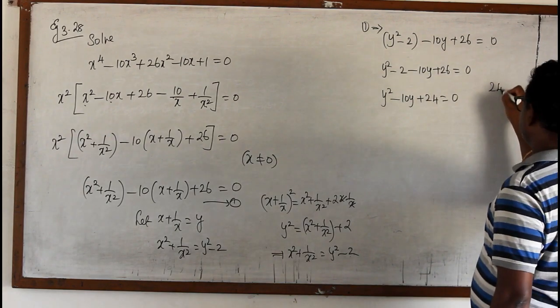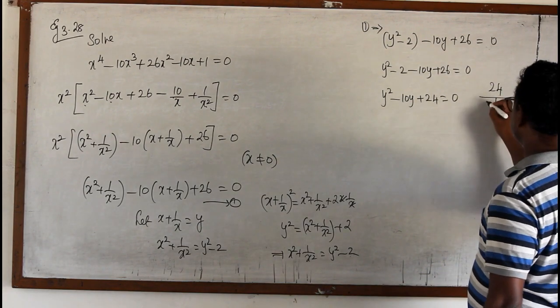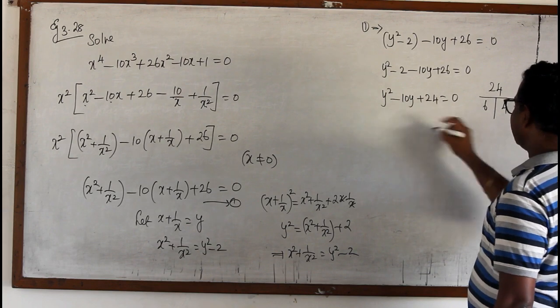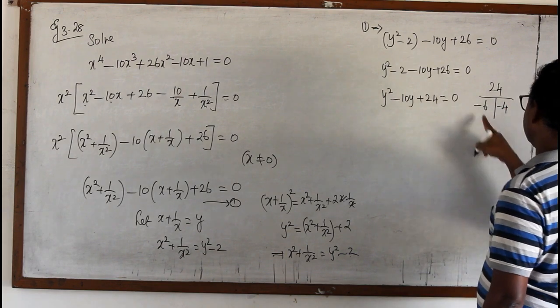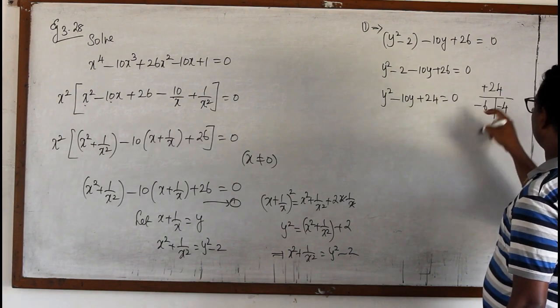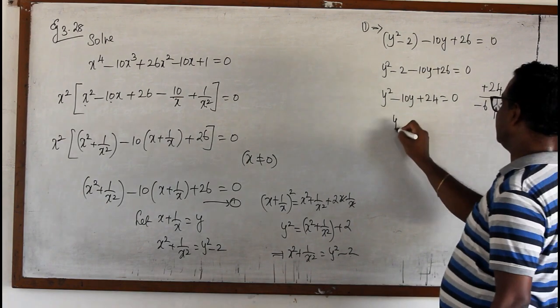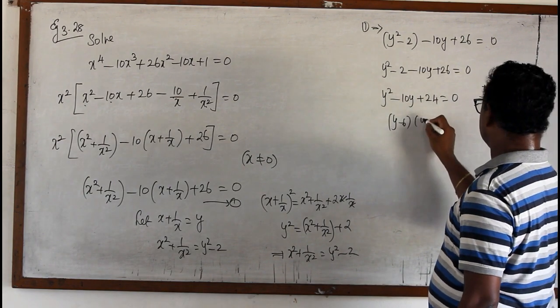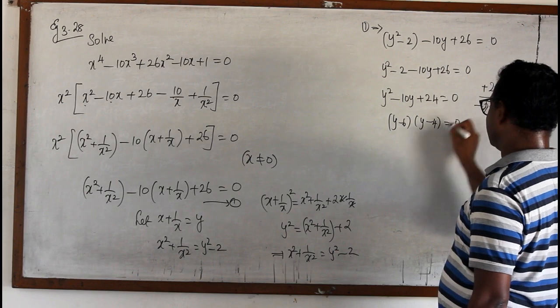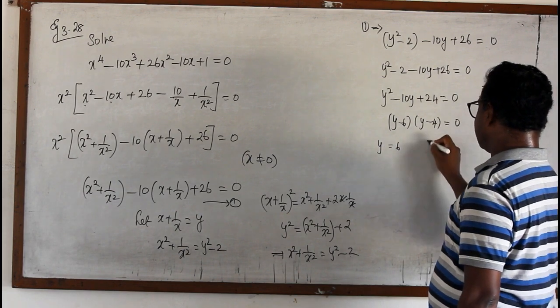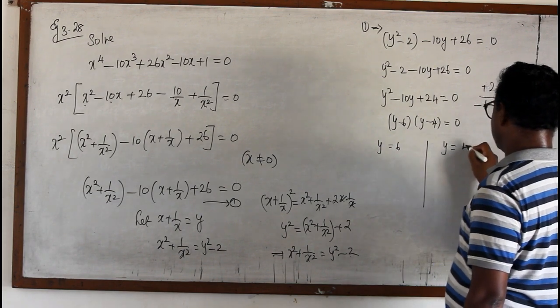So 24 can be factorized as, I need 10, so 6 fours are 24, so minus 6, minus 4. When I multiply, it becomes plus 24, and when I add, it becomes minus 10. So y minus 6 into y minus 4 equal to 0. Therefore, y equal to 6, y equal to 4.